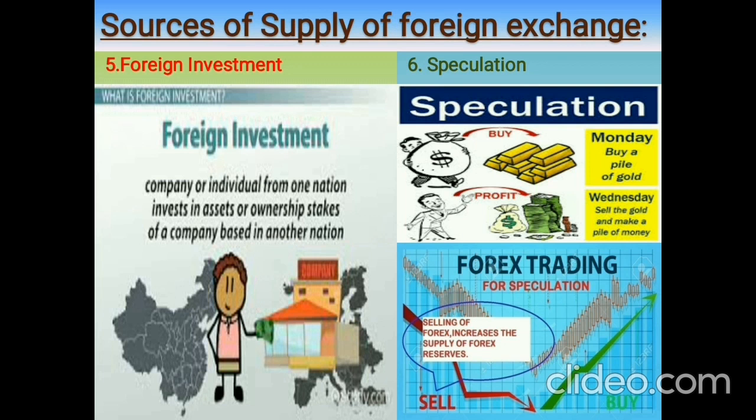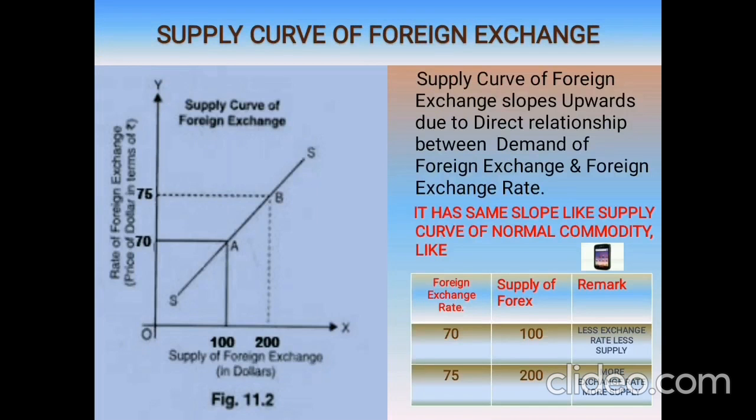So we move to the supply curve. On the x-axis we have supply of foreign exchange, on the y-axis we have the rate of exchange. As we interpreted, the supply curve of foreign exchange slopes upward due to the direct relationship between foreign exchange rate and supply of foreign exchange.